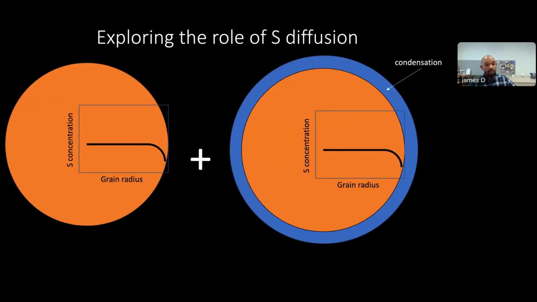So we explore the role of diffusion, where we have sulfur being lost from the interior of a grain out to the edge of the grain and adding a condensed layer of vapor.